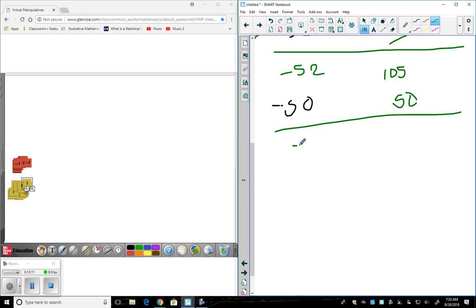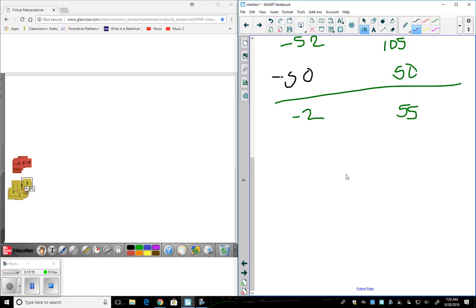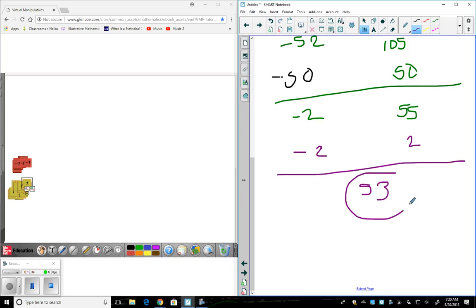So that leaves me with negative 2 and 55. So now the only thing I need to do is take away 2 here. So I'm going to bring out a positive 2 and this negative 2. So I'm left with 0 negatives. And that leaves me with my final answer of 53.